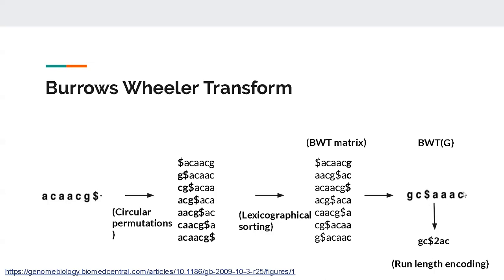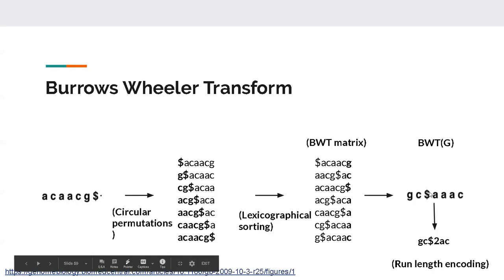This is what usually gets stored whenever you compress your files, like a bzip file or a gzip file. Of course, not in a gzip, but in a bzip, this is what is going to be stored. Now you can further compress it and write it in the form of GC$3AC. Sorry, it should be 3AC. This is what we also call run length encoding.